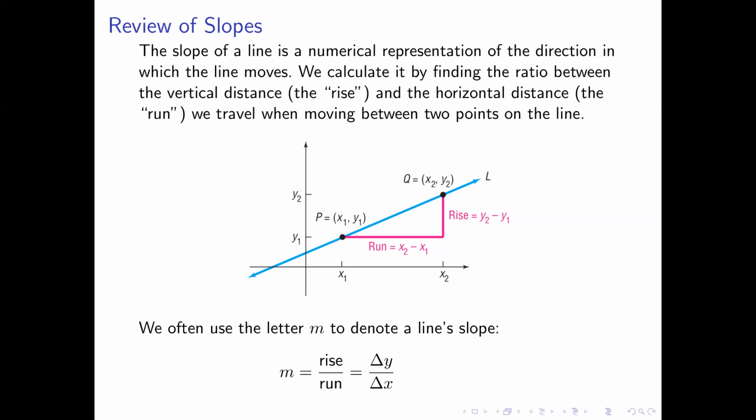So change in y over change in x. Or if you want an algebraic expression for this that tells you how to calculate it, here it is: m = (y2 - y1) / (x2 - x1). So here we're using the x and y coordinates of the 2 points in order to calculate the slope. And if we know what those coordinates are, we can plug them in there and calculate the slope.